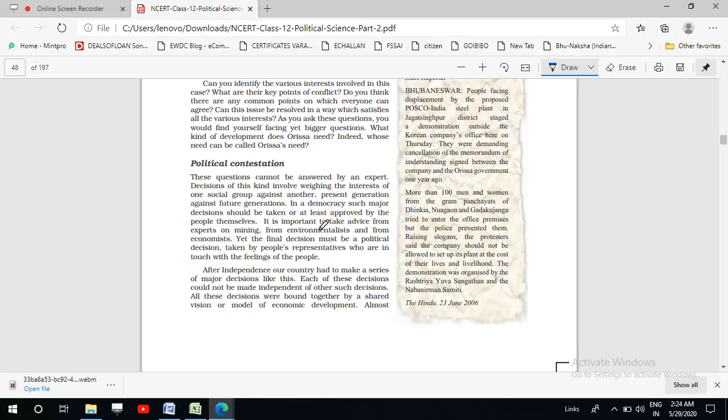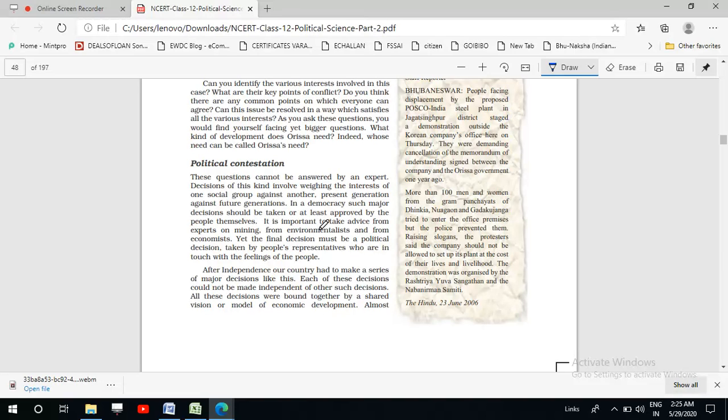किसको कितना फायदा होगा, किसको नुकसान होगा, all these things must be considered before taking any final decisions. Then when we are going to take a decision, it is also important to consider how the present generation is going to be benefited and what we are doing for our future generation.